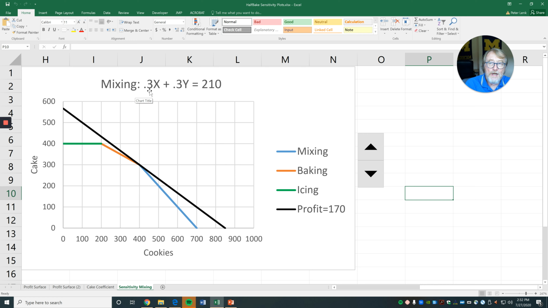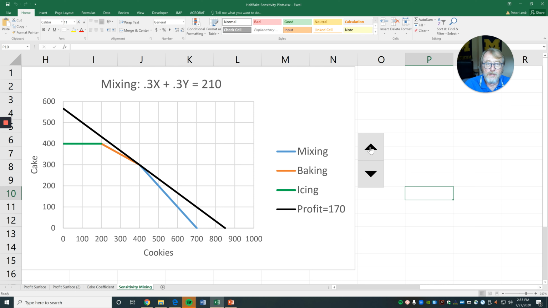So mixing is 0.3x plus 0.3y, and it's this blue line. My profit's at 170. Okay. Now, what I'm going to do is vary the 210. And if I increase this by, again, $1, then the profit goes up by 0.333, the shadow price.